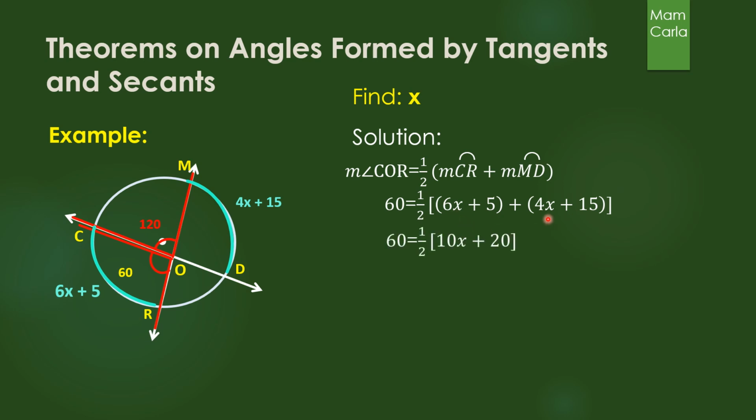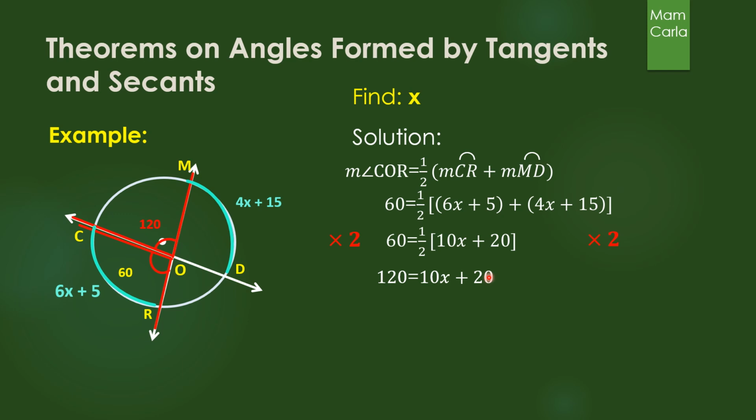So we simplify first by combining similar terms. We have 6x plus 4x, which is 10x, and 5 plus 15, which is 20. Then we simplify by multiplying both sides by the common denominator, which is 2. So the next line will be 120 equals 10x plus 20. Since we want to solve for x, we want x to be alone on one side of the equation.